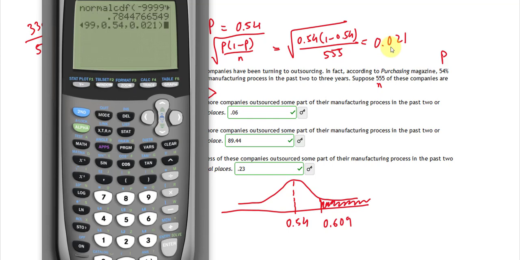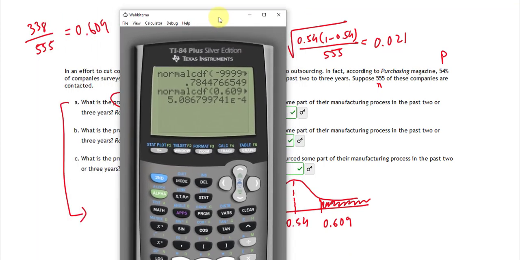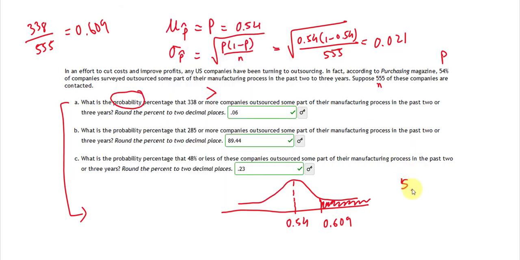We paste everything into the formula and hit enter, and you should get 5.087 times 10 to the minus 4. If I convert it back to decimal, I should get 0.0005087.